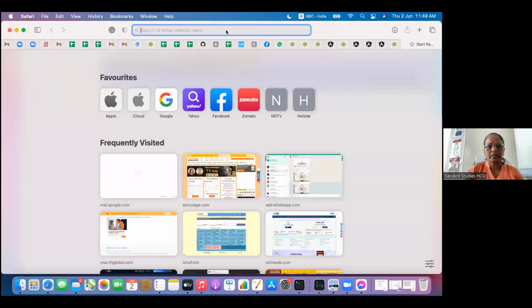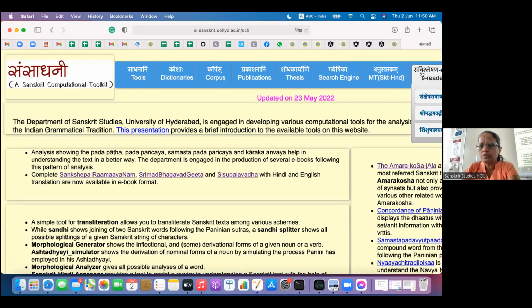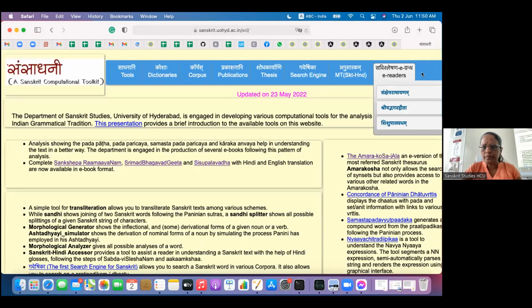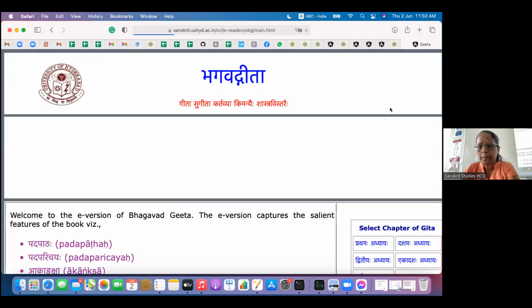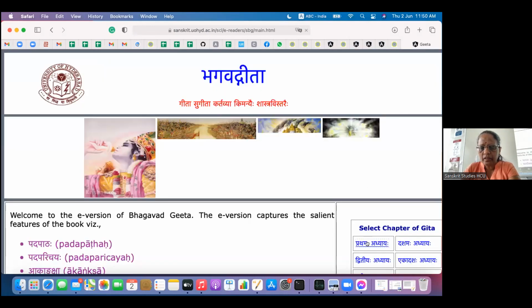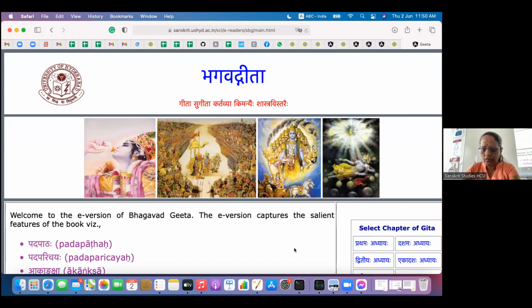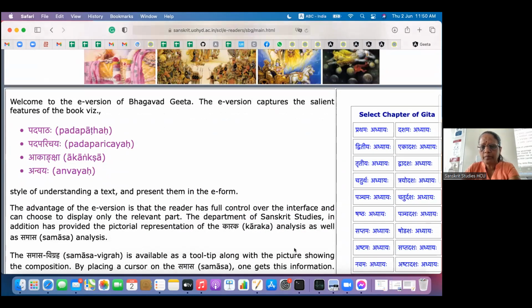So you go to these e-readers, and here you have, say, for example, Bhagavad Gita. And I can go to any of these chapters. So we were looking at example from this first chapter.